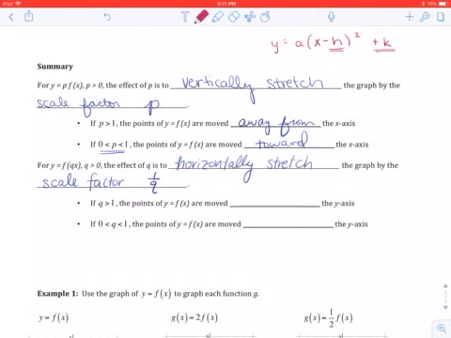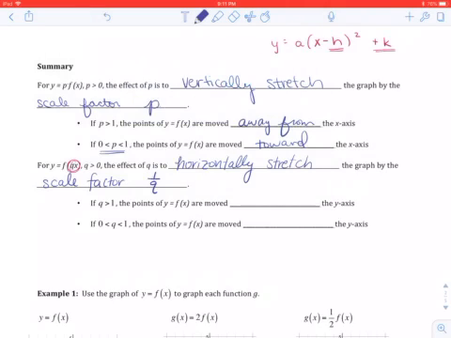Everything on the inside is the opposite of what you think you'd have to do, because you have to prepare to undo the process. So if I plug in -4 here, I need to say it goes right 4, because the first thing I do is subtract 4. If I have a times 4 here, I actually need to multiply by 1/4, because the first thing I do when I plug it in is multiply by 4. So the scale factor is actually the reciprocal of the number there.